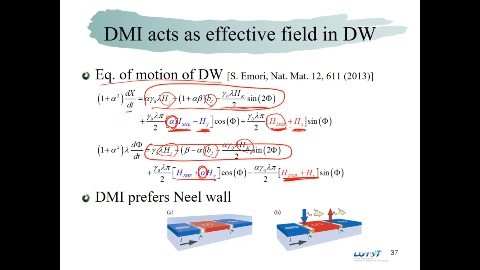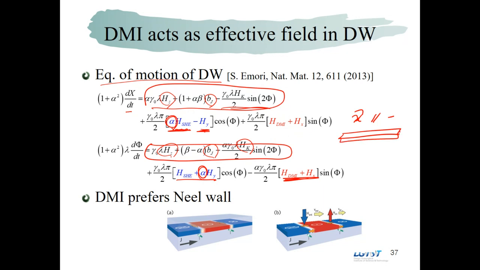So we can enhance or suppress the impact of the DMI by applying the excitation field. Sorry, here the excitation is the field direction, and then the current direction, or wire direction.